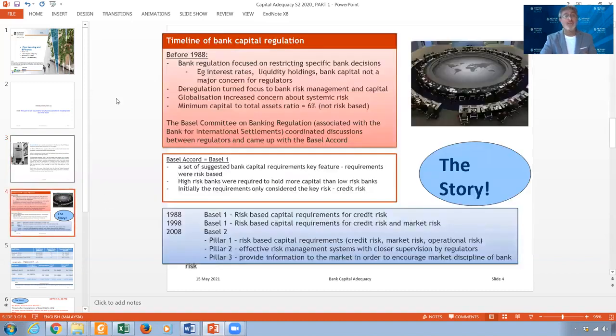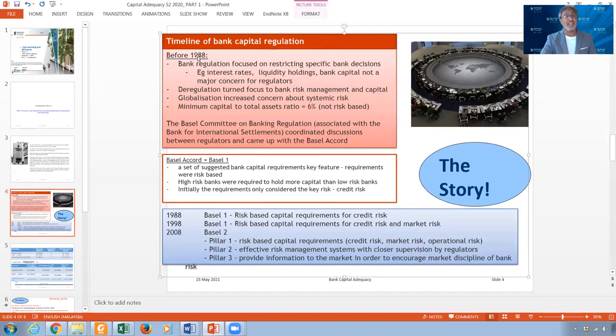And if you want to look at the story, it started in 1988. There was nothing before when Basel I started. And then they came with Basel I, as I told you, risk-based assets for credit risk in 1988. And then in 1998, after 10 years, they added the market risk. And then when Basel II came, they had three pillars.